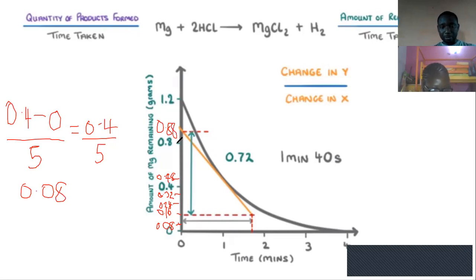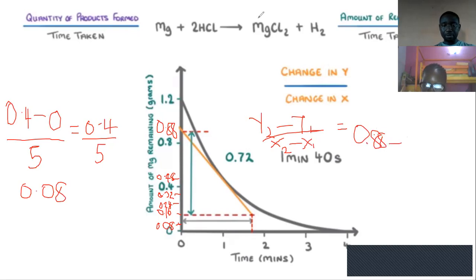Remember, for us to get gradient, when we did physics the first time, that would be y2 minus y1, over x2 minus x1. That becomes 0.88 minus 0.16.